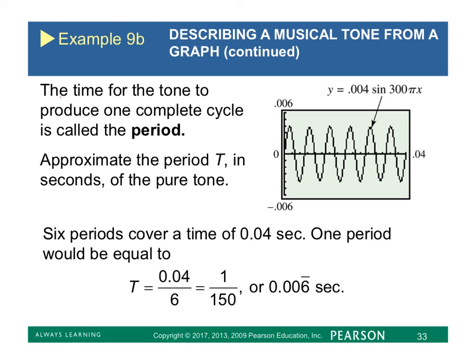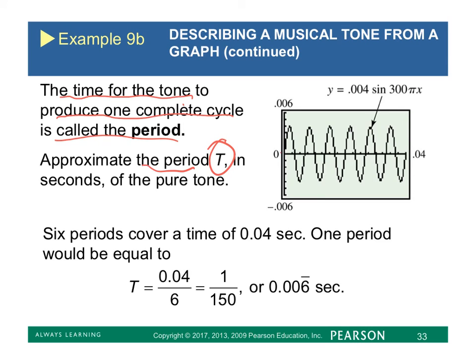The time for the tone to produce 1 complete cycle is called a period. That symbol is called tau. It's a Greek symbol. Approximate the period. Well, period is how long 1 cycle went. So we know we had 6 cycles, we just counted a minute ago.